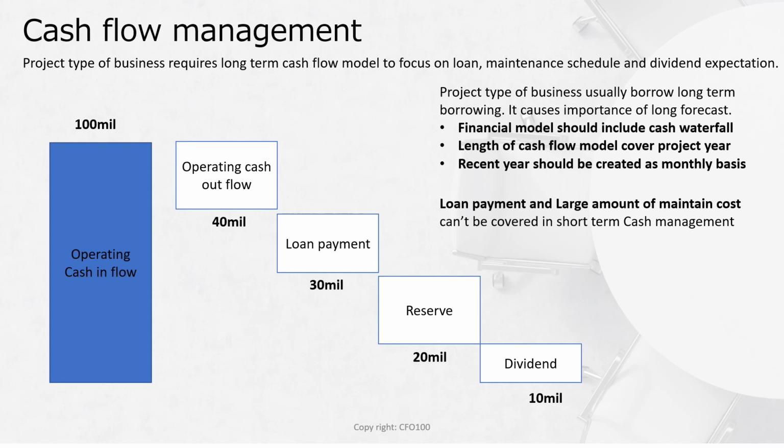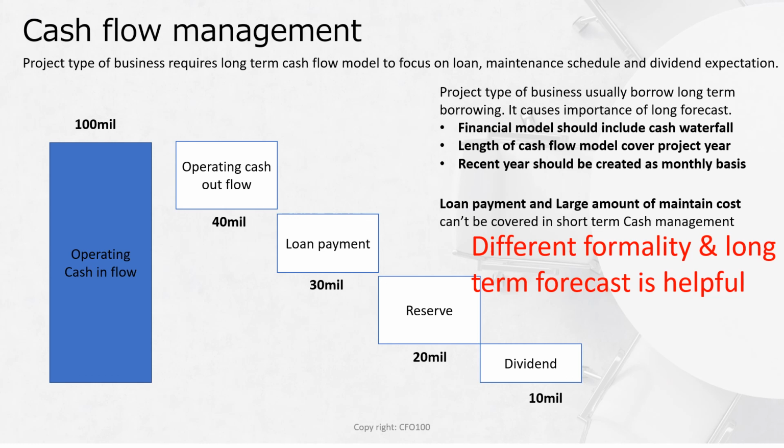If you are CFO, you will be asked this question every time in shareholder meeting or board of director meeting. Of course, as a typical point in project type of business, cash management always reflects long-term business plan and its requirement.